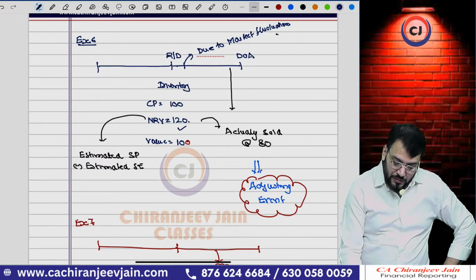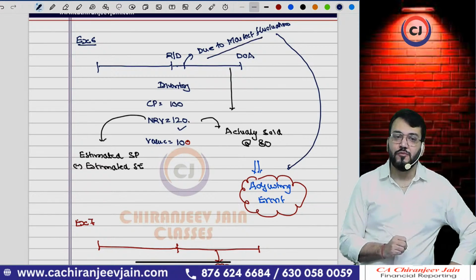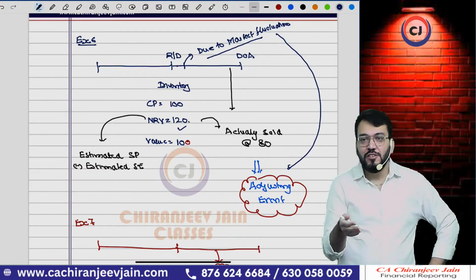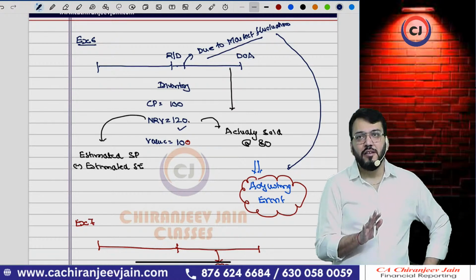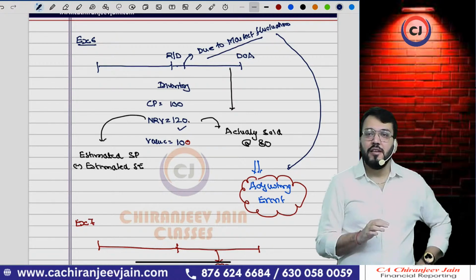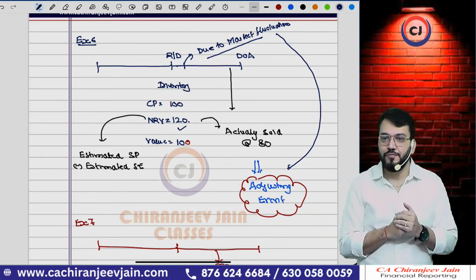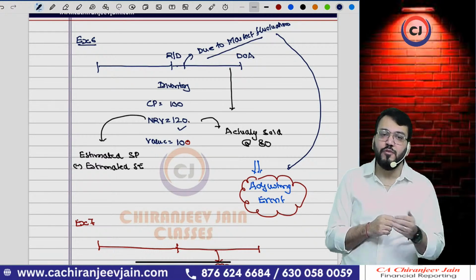The doubt came here only, that if this particular point is given, the students are confused. They think that market fluctuation occurs after the balance sheet date. Just try to understand what I want to say. Every businessman knows about the inventory position, correct? And they know about what is going to happen in future.